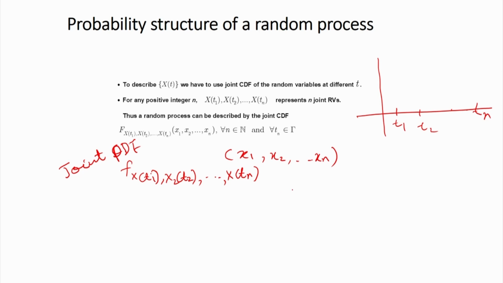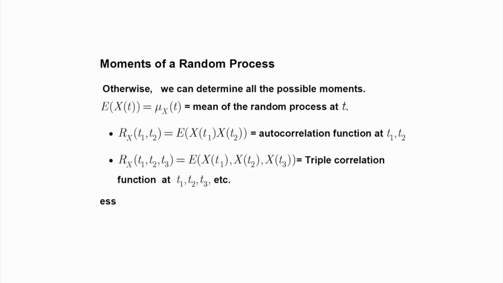Similarly, for the discrete case, we can define the joint PMF also. These are the ways we have to describe a random process if we are interested in the probability structure.